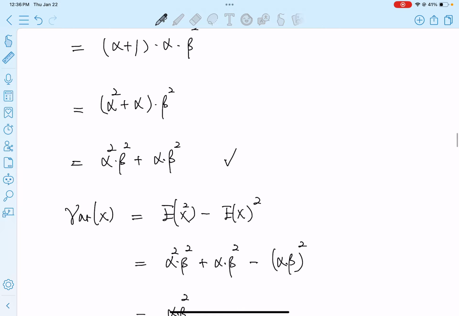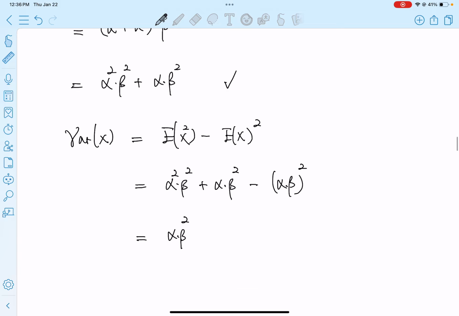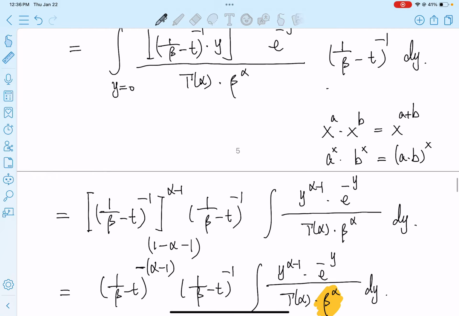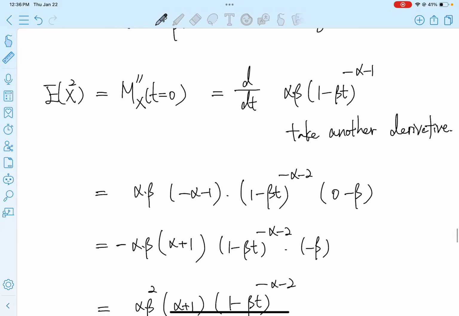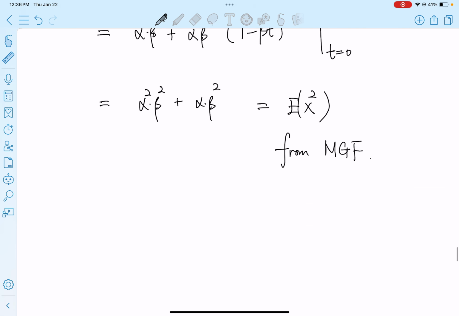Again, this is matching the result from the arbitrary kth moment, also matching with the arbitrary formula for the kth moment.